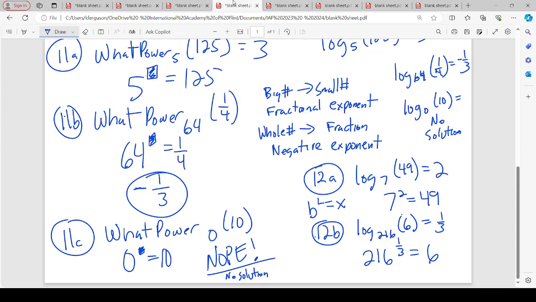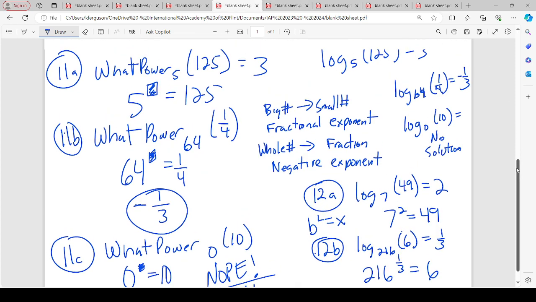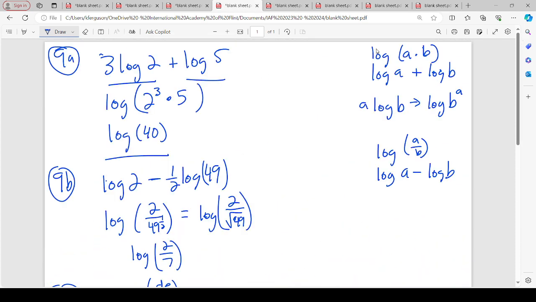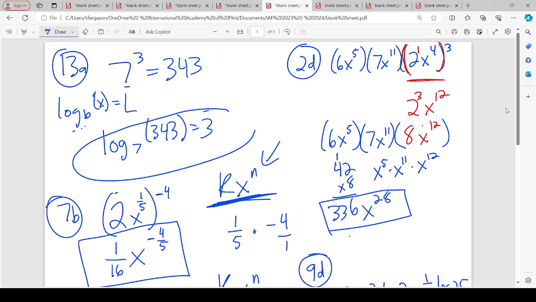One of the properties I got is if I have a log plus another log, it's the same as the log with those 2 things multiplied.